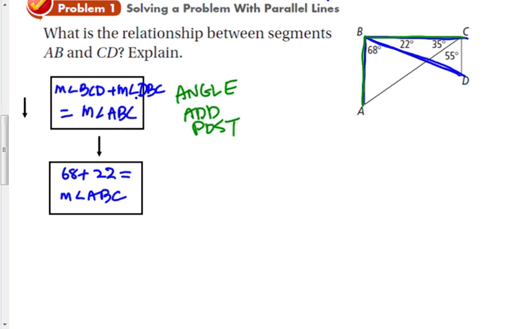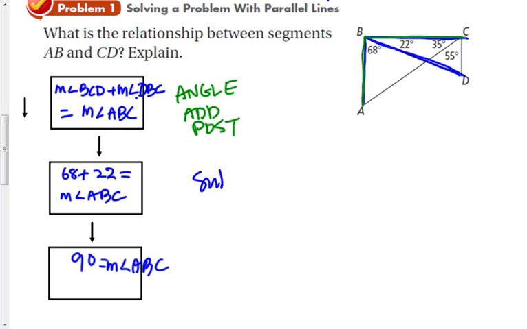And from that we're just going to simplify: 90 is equal to the measure of angle ABC. So this was substitution, and the last one is just simplifying.